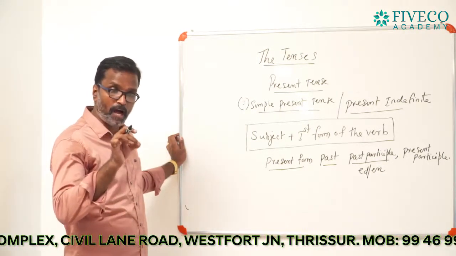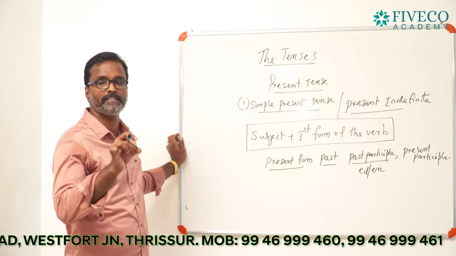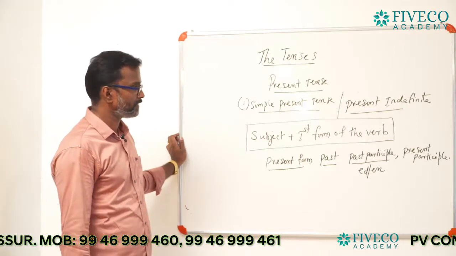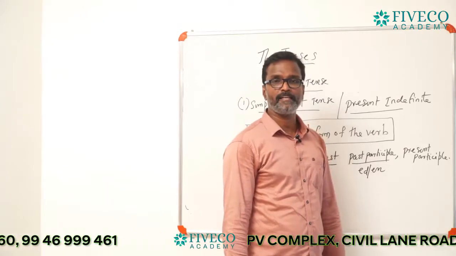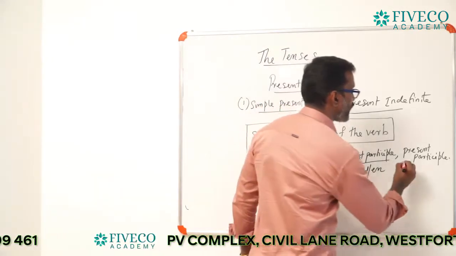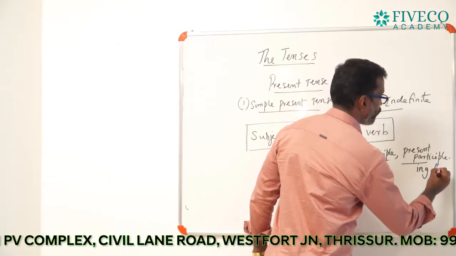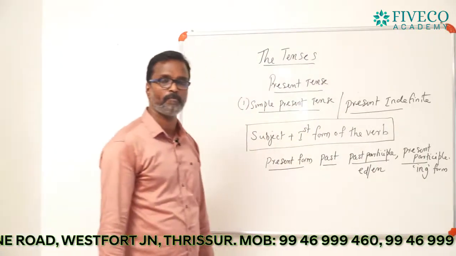That means you have to add ed or en along with the verb. That is called the past participle. I will give you some examples. And present participle. What is present participle? That is the ing form of the verb. Present participle is the ing form of the verb.